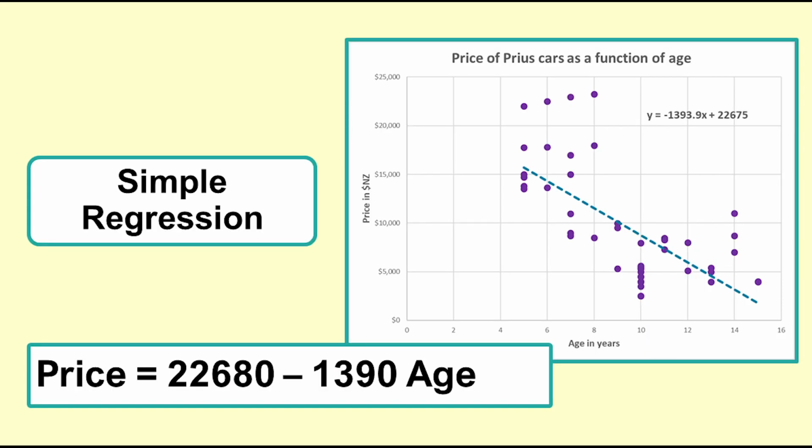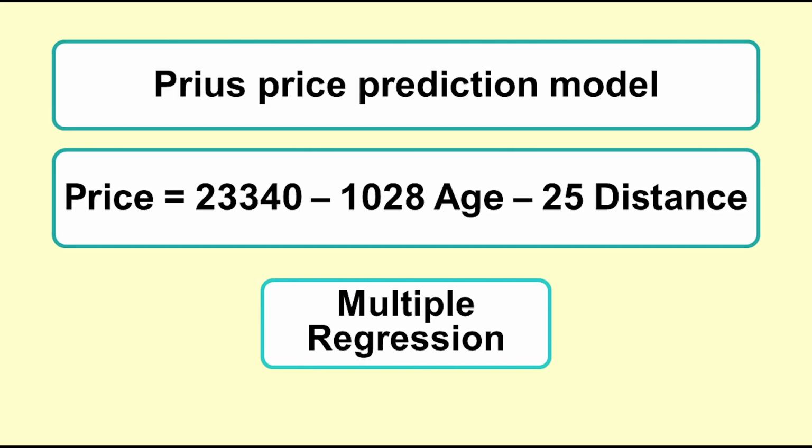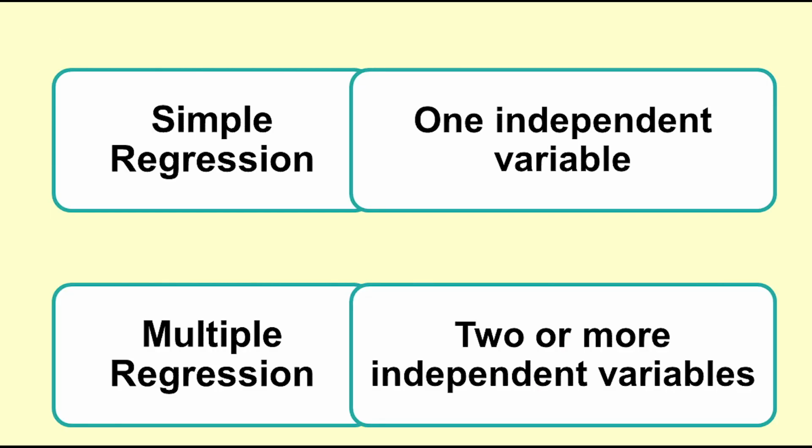This is a simple regression of price on age. Note that the dependent variable or response variable, price, is on the vertical or y-axis. And this is a simple regression of price on distance. When there are two or more independent or predictive variables, it is called multiple regression. There can be many independent variables, not just two.